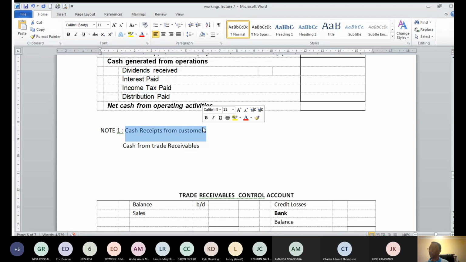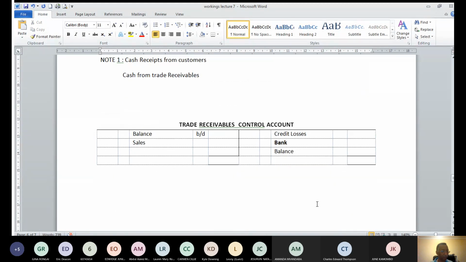My cash receipts from customers consist mainly of cash from my trade receivables. If I want to calculate the cash from my trade receivables, I will complete a trade receivables control account. In my trade receivables control account, the opening balance of my trade receivables, go to your trade receivables in the question, was 298,000 rand.